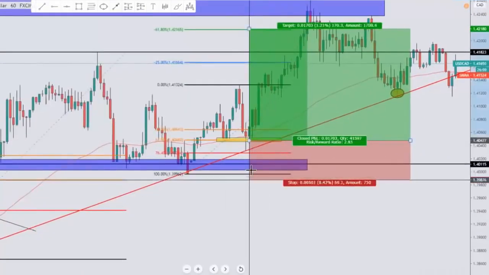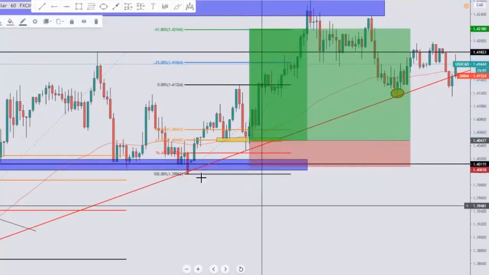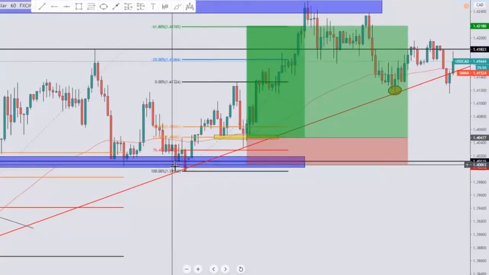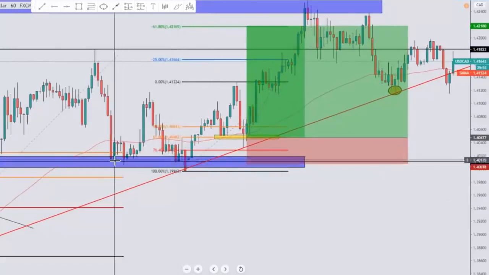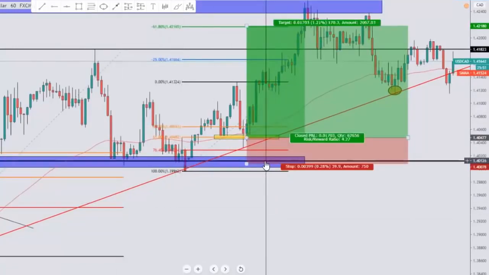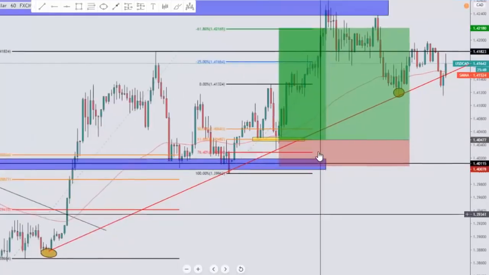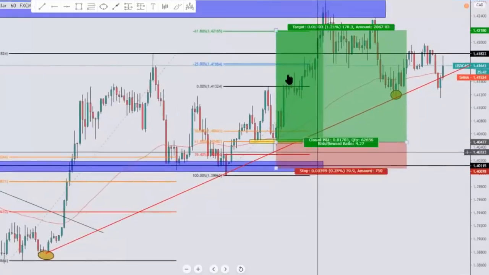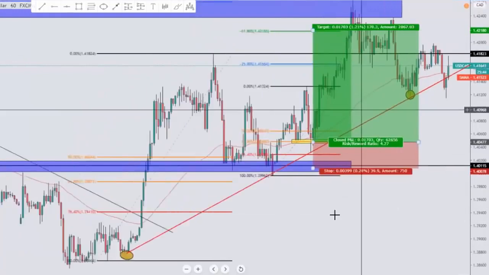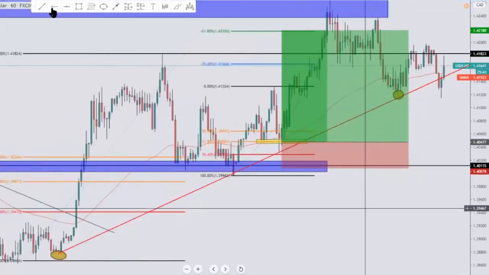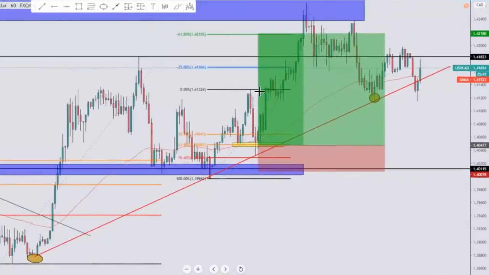So I was sure price wasn't going to break this area just beneath these little wicks right here. So that was a pretty solid risk reward ratio of 1 to 4 right here, having our profit targets at different points.